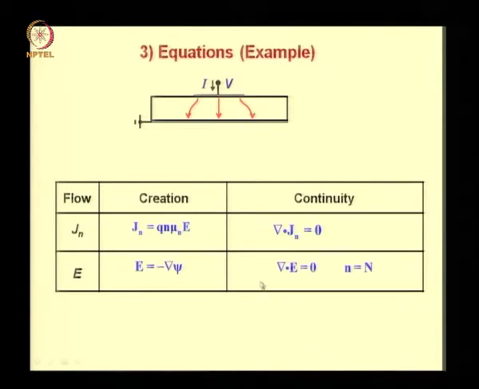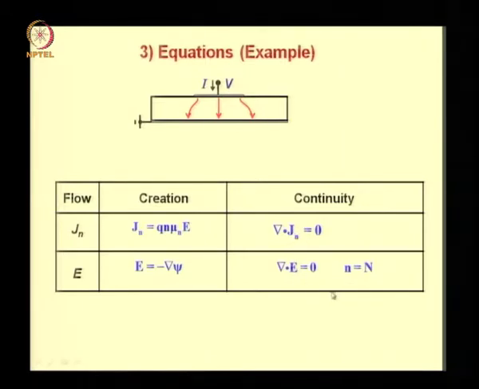Now one thing to be noted here is that if I use this information about the electron concentration being equal to capital N, and then substitute this equation for Jn into the divergence of Jn equal to 0 equation, I will end up getting this equation, namely divergence of E equal to 0. So these two equations are not really independent.